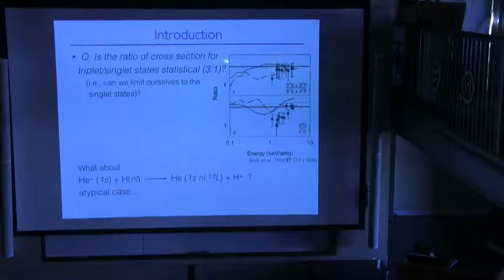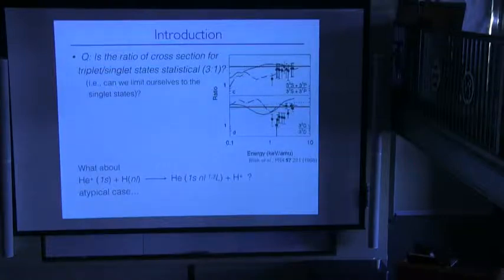In red you have the statistical value, 3, and some calculations. And you can see in general that it's clearly not 3, it's between 1 and 5, something like that. But it's not obvious to predict the value.